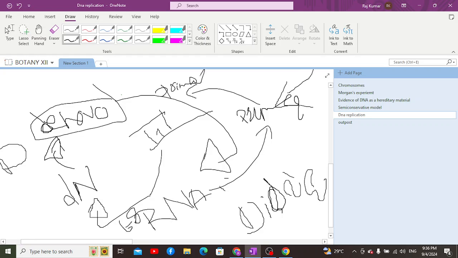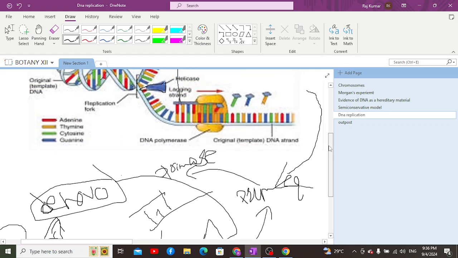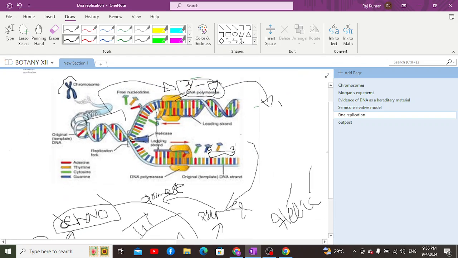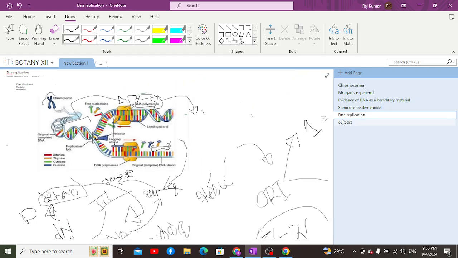So before the action of DNA polymerase 3, the primase enzyme acts to form a short RNA fragment, known as the primer, which runs from 5 prime to 3 prime. Now let me try to draw another structure over here.